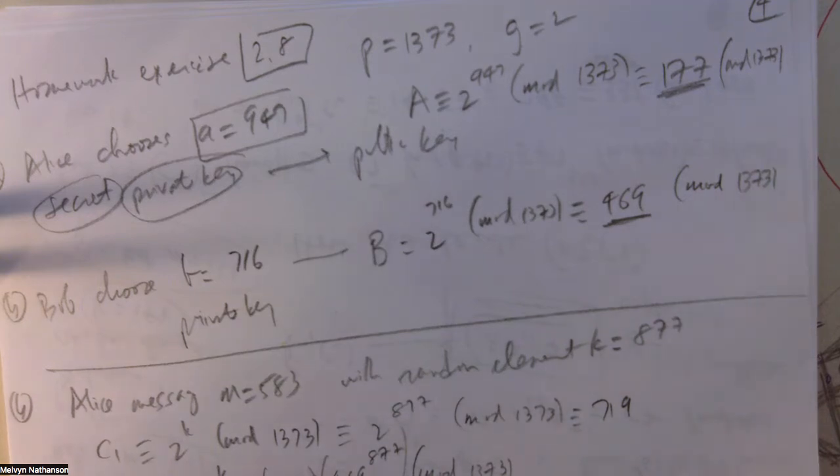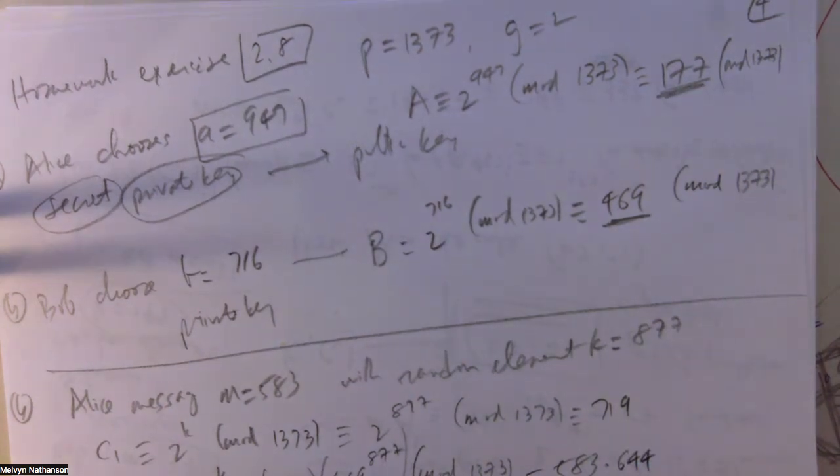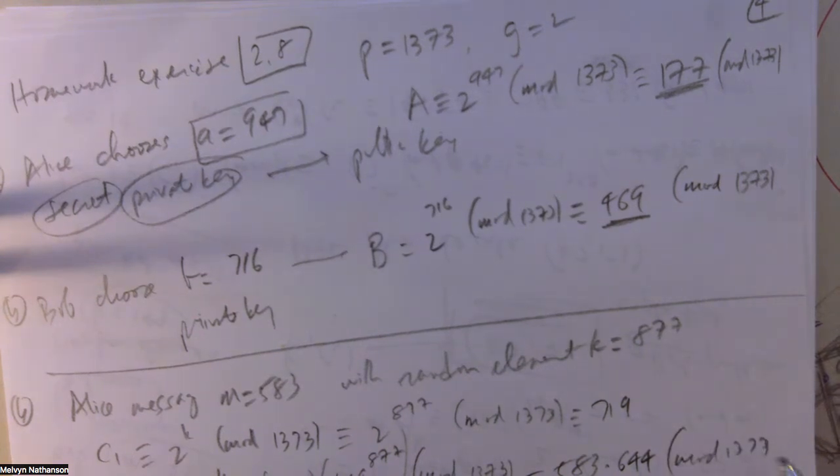And the number C2 is going to be 469 raised to the power 877 mod 1373. This number is 644 mod 1373.